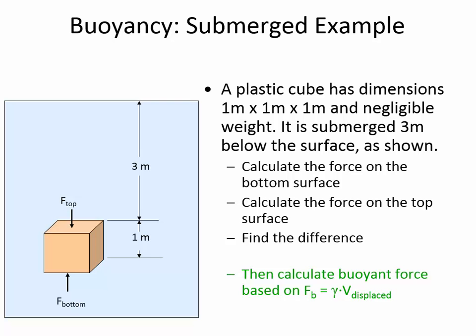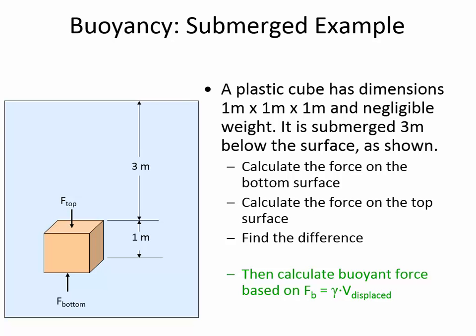And so coincidentally, no, not coincidentally, if we were just to say the buoyant force is the volume displaced multiplied by the unit weight of the liquid, well, this is a 1 by 1 by 1 cube.